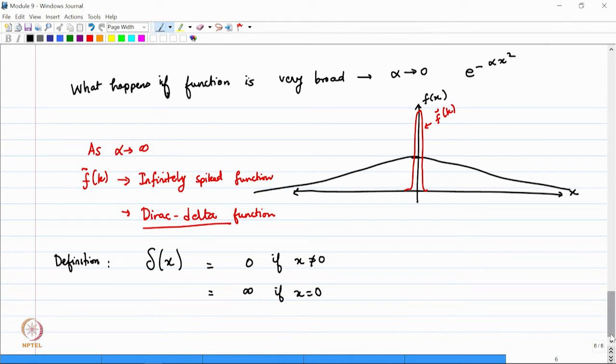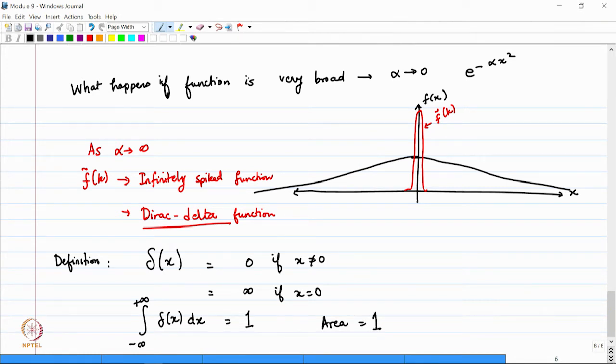So, that is an infinitely spiked function, but there is another condition. Okay. So, it goes to infinity. Now, it is still treated as though it is a continuous function, and the integral of delta of x dx from minus infinity to plus infinity is equal to 1. So, area equal to 1.